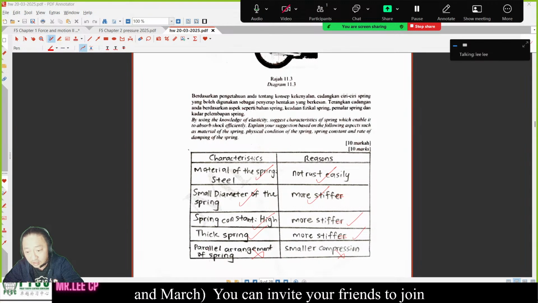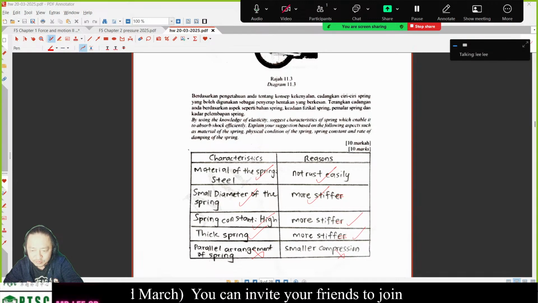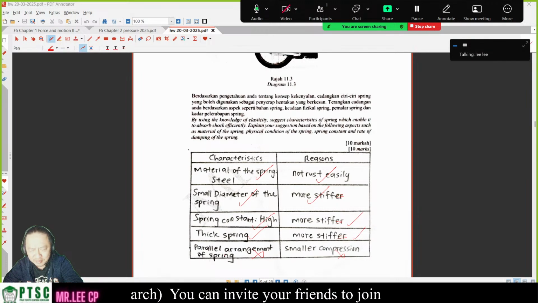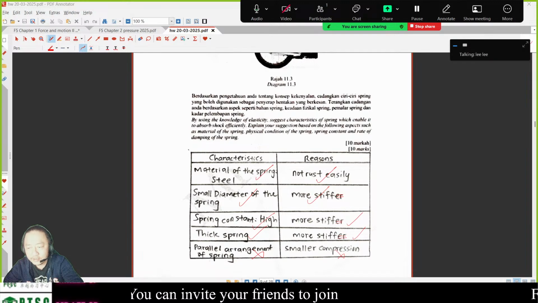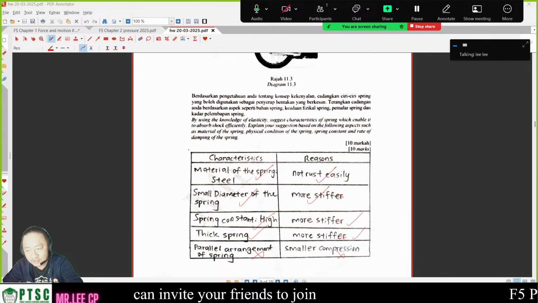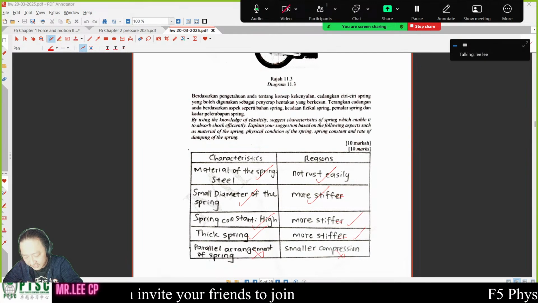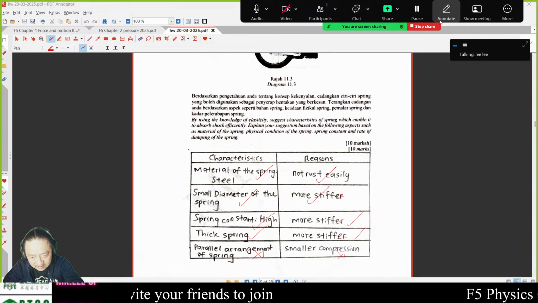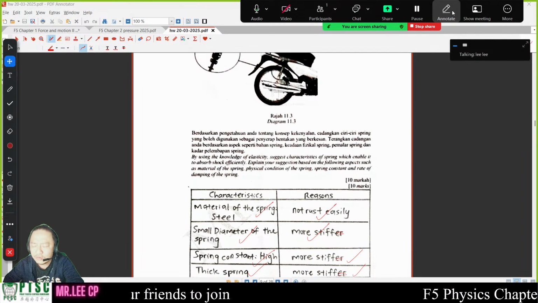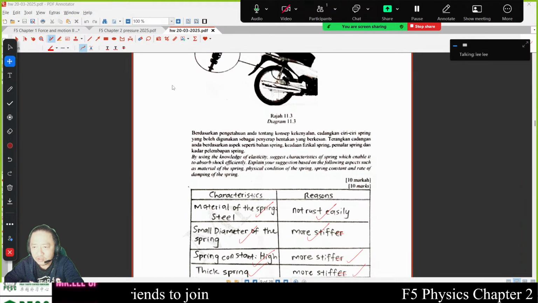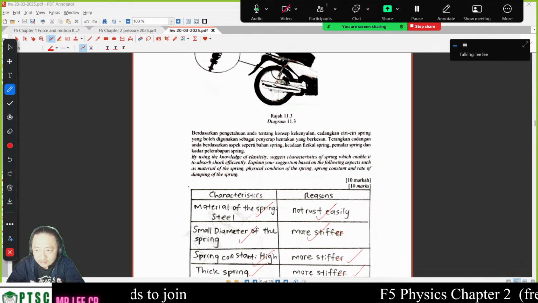Type of the spring, it is arranged in parallel. All this one is correct, but you wrote more stiffer. And then the last thing is arrangement of the spring in parallel. How are you going to arrange in parallel? So this one is your shock absorber.